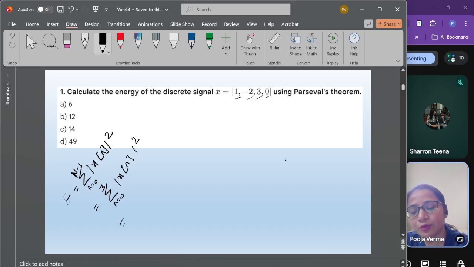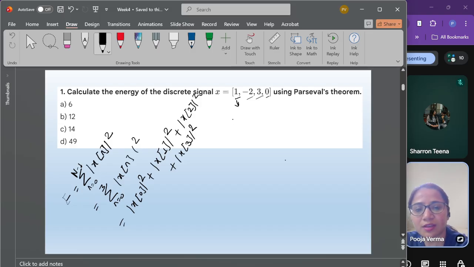If you expand and put in the values, you will get mod of x of 0 whole square, plus mod of x of 1 whole square, plus mod of x of 2 whole square, plus mod of x of 3 whole square, corresponding to 0, 1, 2 and 3.